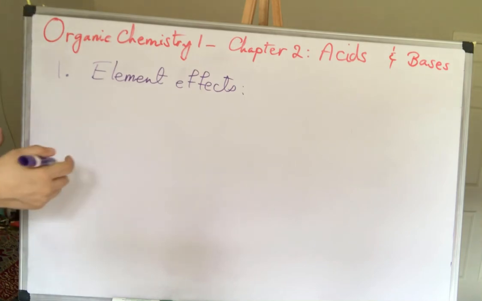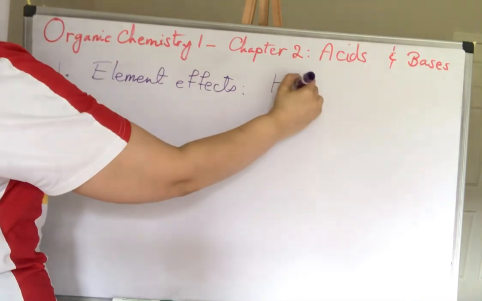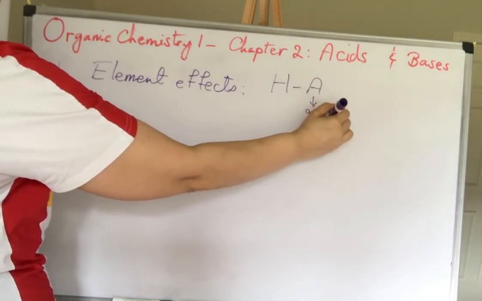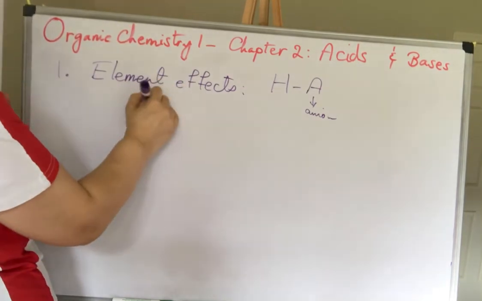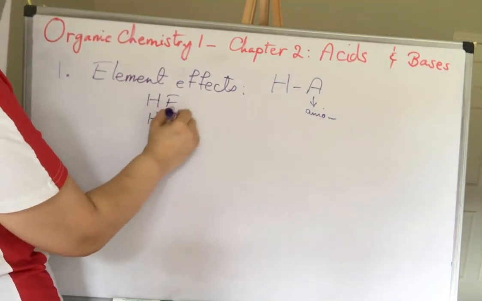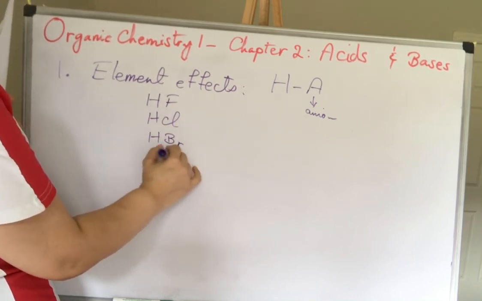So acidity increases by increasing the size of A. If the acid is HA, A is the anion, okay? Again, with non-organic acids, let's compare hydrofluoric acid to hydrochloric acid, hydrobromic acid, and hydroiodic acid.